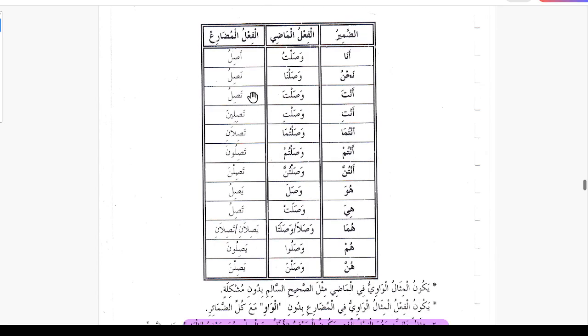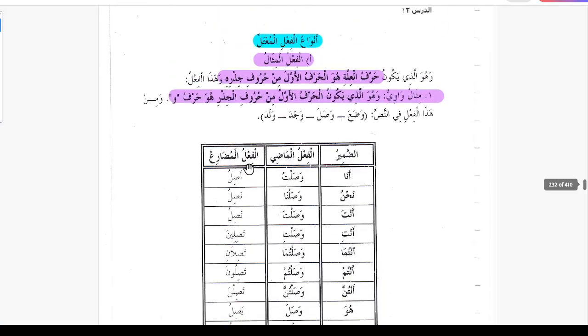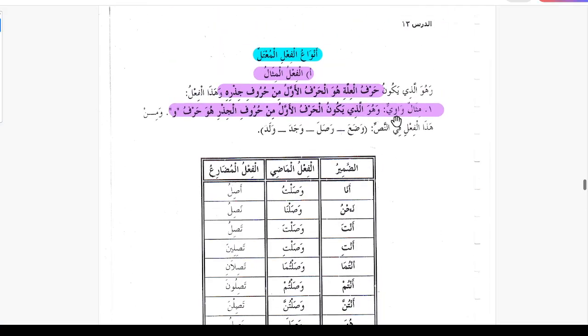So we don't see any waw as the first radical in the fi'l mudari. That is the only difference, with all the pronouns. So that was the Misalul Wawi, where the first letter is a harf illa, and that is waw.